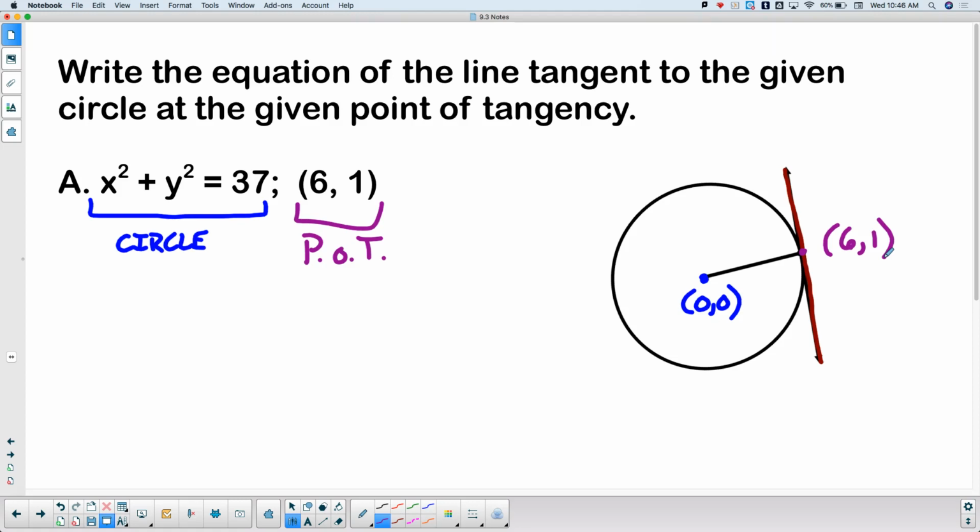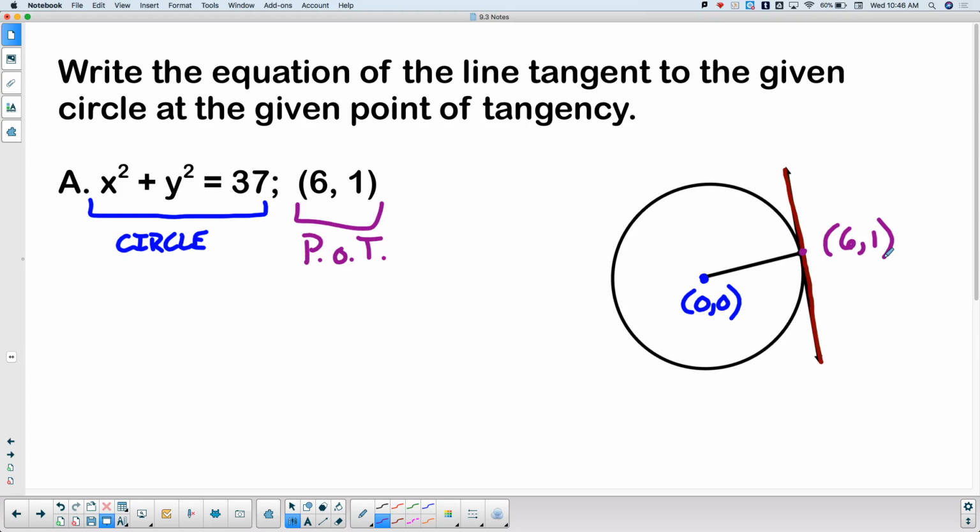No, we have the equation of the circle. The equation of the line, what do I need to find equations of lines? Slope. Okay, so what slope can I find right now? We can find the slope of the maroon line. We can.